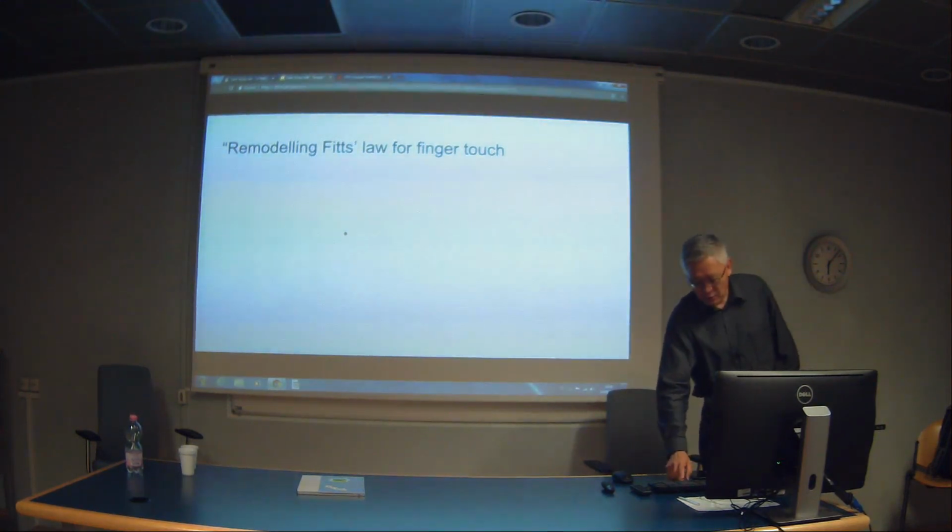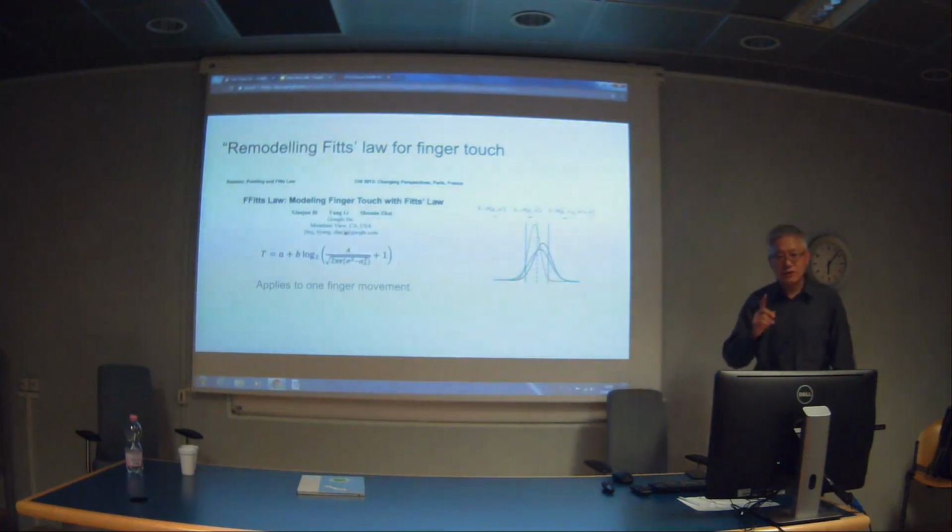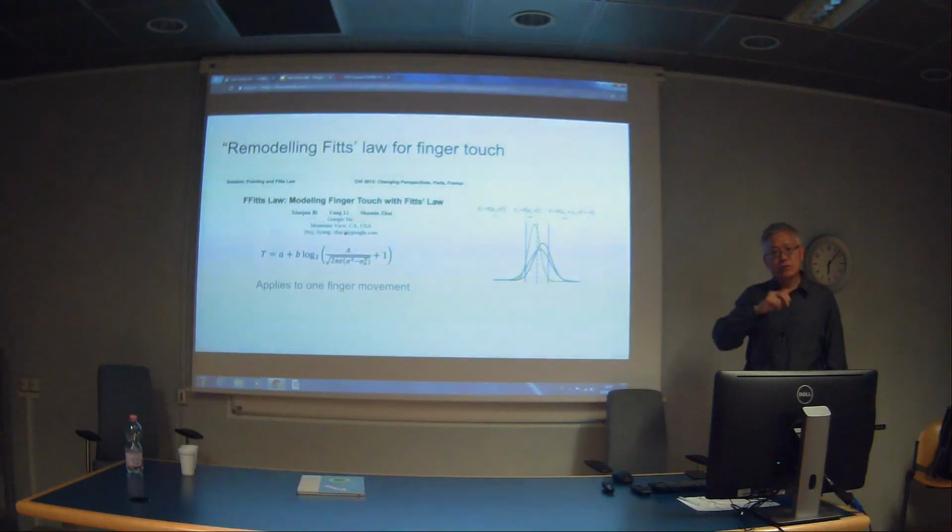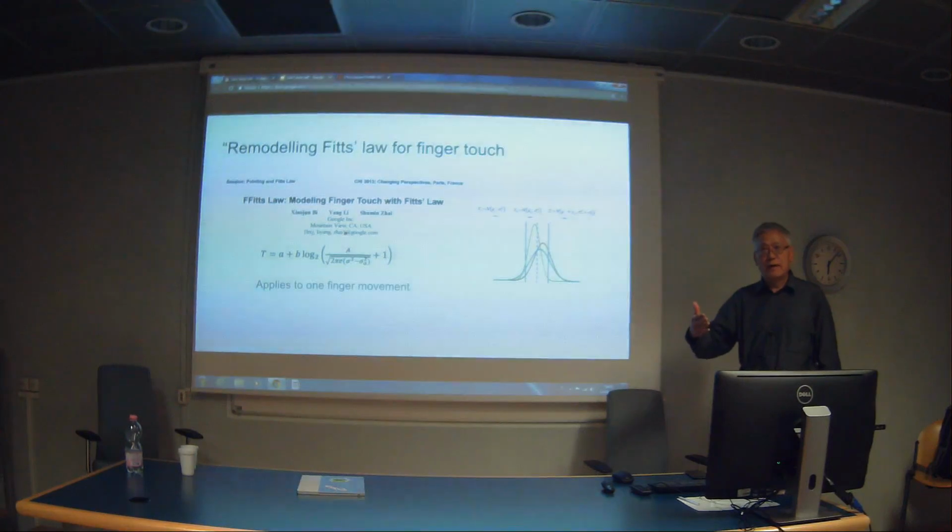But Fitts' law actually doesn't apply to touch screens that well. The reason is that Fitts' law really models a relative precision as expressed in information terms. Essentially, it doesn't consider the instrument itself that has an absolute error distribution.